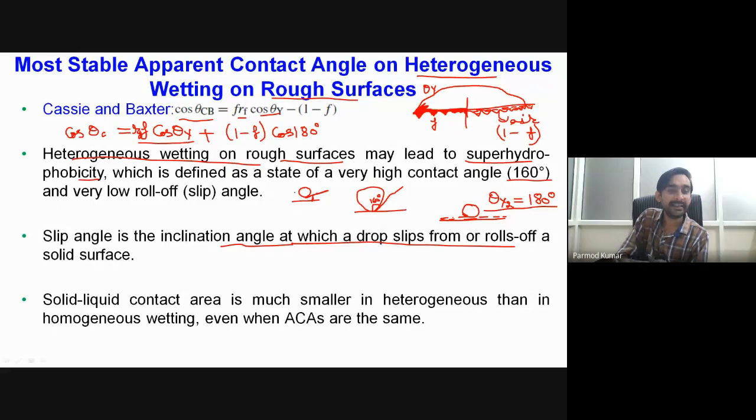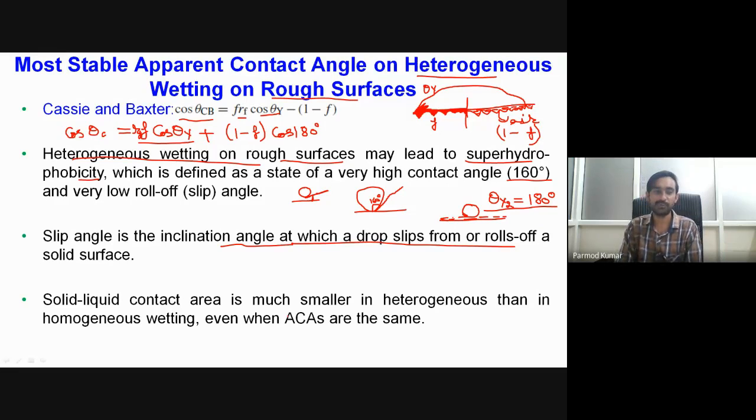Another thing we have to consider over here is that the solid-liquid contact area is always smaller in heterogeneous wetting in comparison to homogeneous wetting, even if the apparent contact angle is the same in both cases.